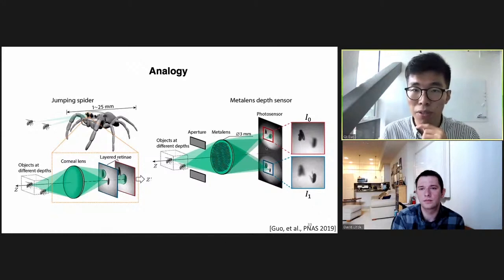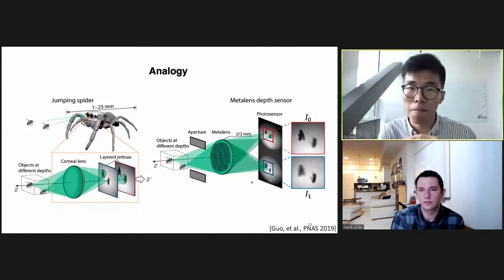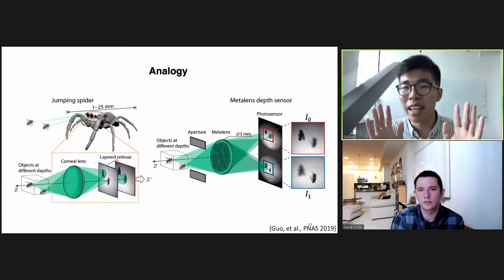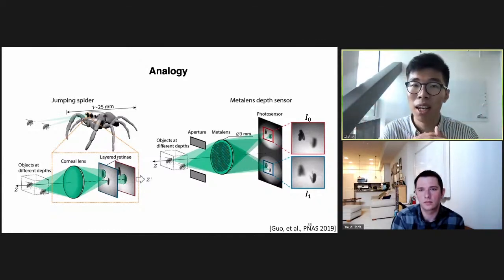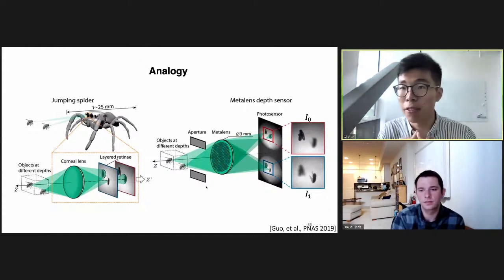I wouldn't say there is no crosstalk, but there is no significant crosstalk that will affect the results. And in fact, we put an aperture here to limit the field of view so that each image will not overlap with each other.